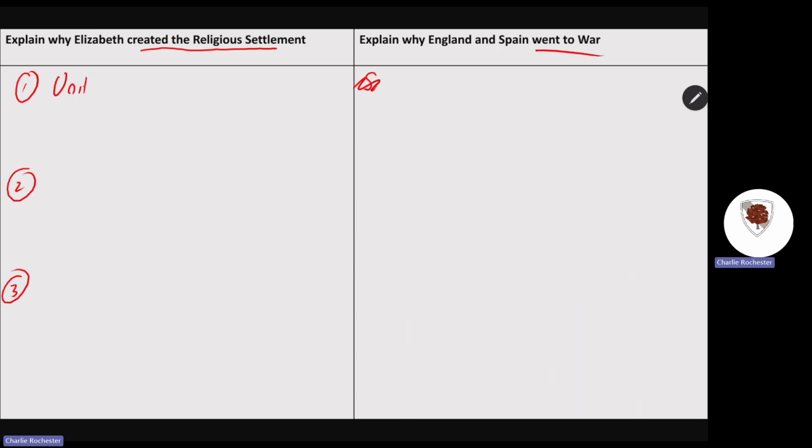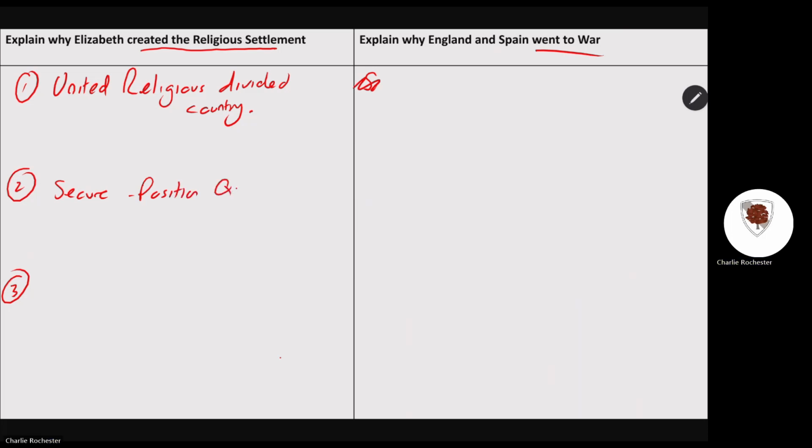Firstly, to unite a religiously divided country. Secondly, secure her position as the queen. The Act of Supremacy made her the supreme leader of the church.